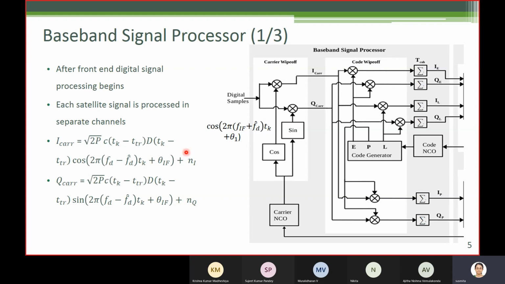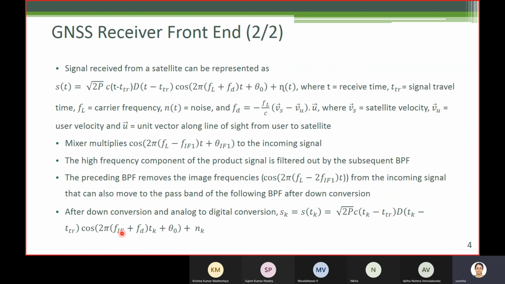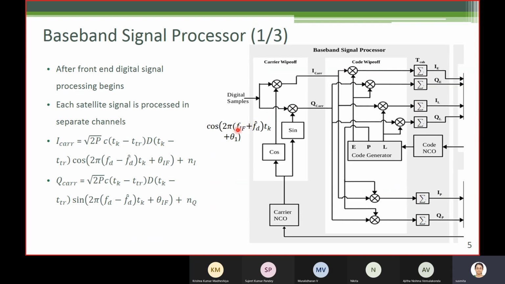Now in the A minus B term, both have FIF. In the incoming signal after down conversion we have FIF plus FD, and here we have FIF plus FD hat. FD hat and FD need not be the same. The receiver's knowledge of FD is FD hat. So if you do A minus B, which is the low frequency component, IF is removed.